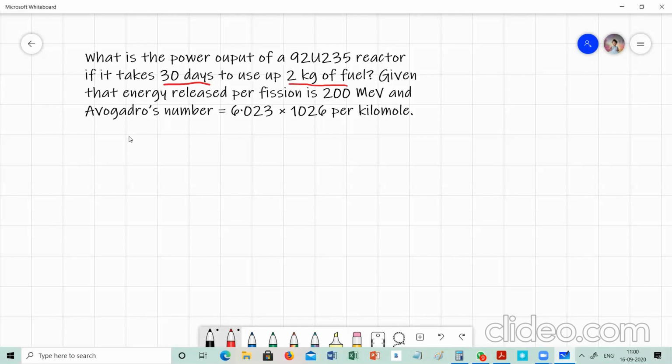That means a total of 2 kilogram of fuel undergoes fission in 30 days. It is given that the energy released per fission is 200 mega electron volt, that is, the energy released by one uranium atom, and Avogadro's number is given as 6.023 into 10 raised to 26 per kilomole.